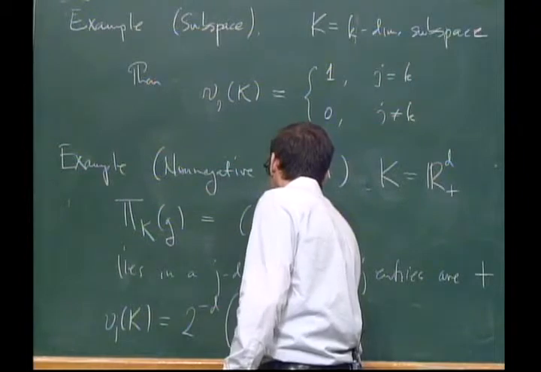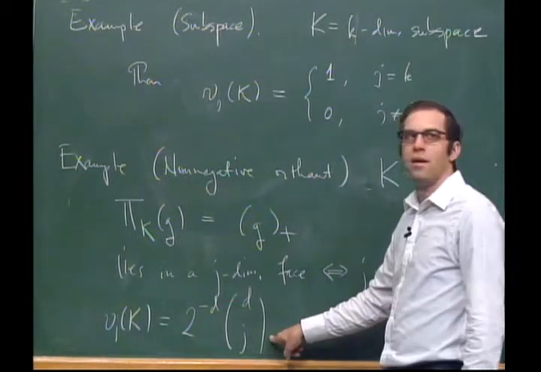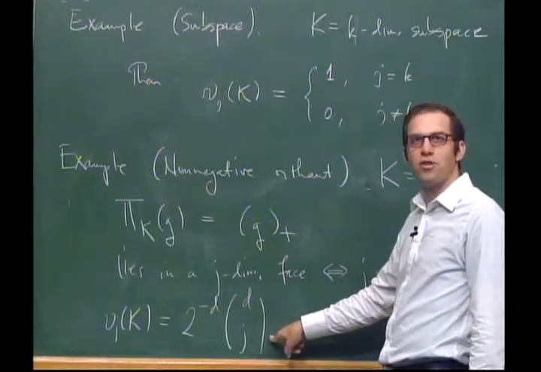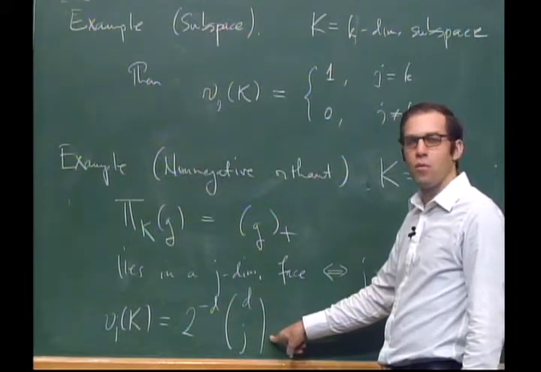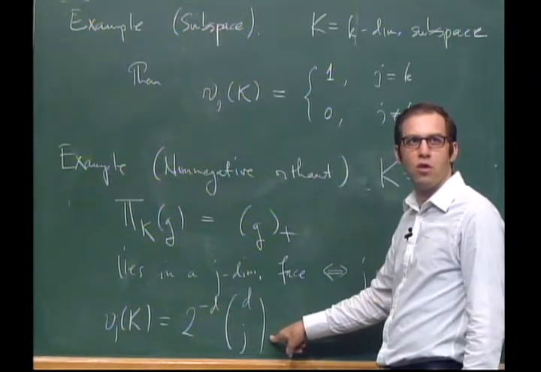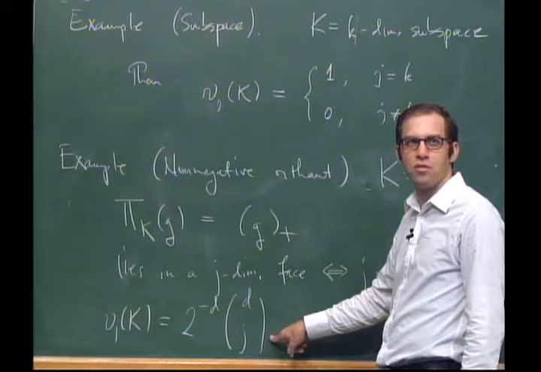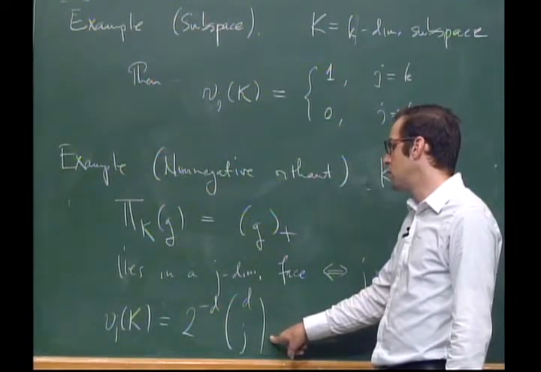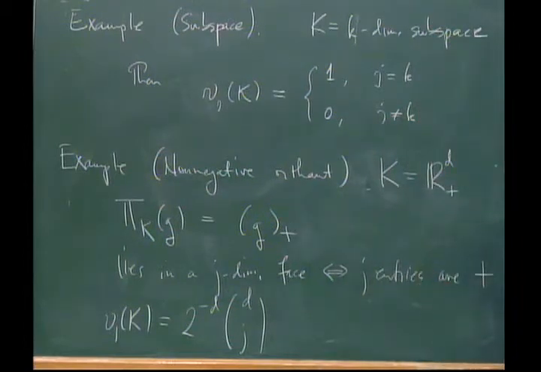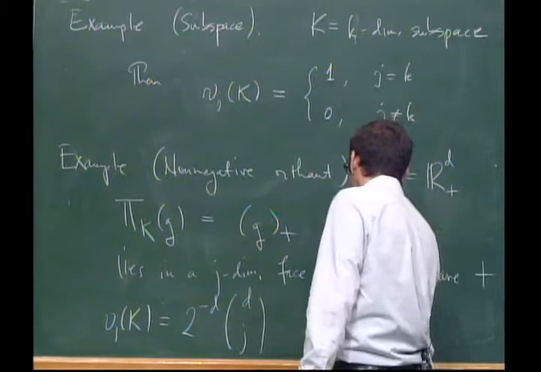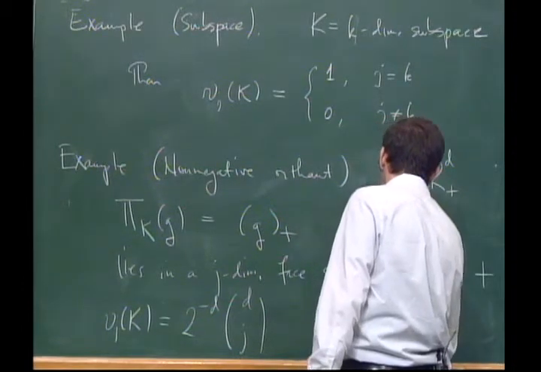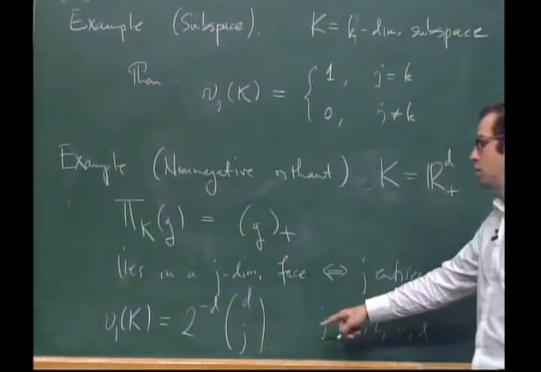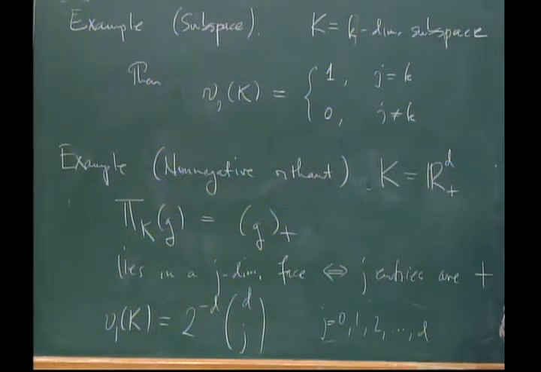And we pick the j entries that are positive with equal probability. So we need to look at all the different ways we can pick j entries from d to be positive. Okay? So the jth intrinsic volume of the non-negative orthant is just the binomial distribution. Okay? So this is the distribution of a binomial random variable.